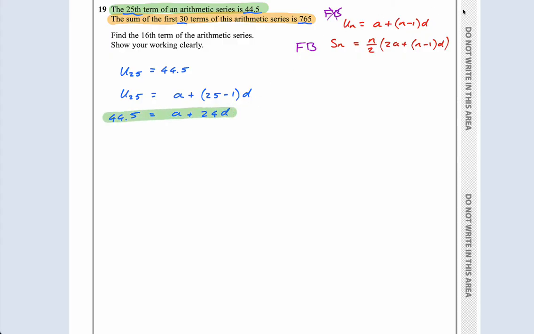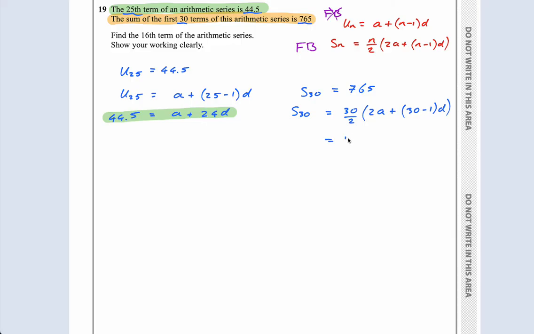Equation number 1. My second equation I'll get from the sum, because this is the sum of the first 30 terms. So S30 is equal to 765. It tells us in the question. And S30 from the formula is n over 2, or 30 over 2, 2 times a, plus n minus 1 d, which is 30 minus 1 d, close bracket.